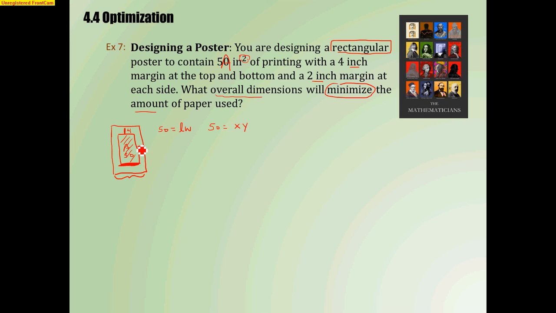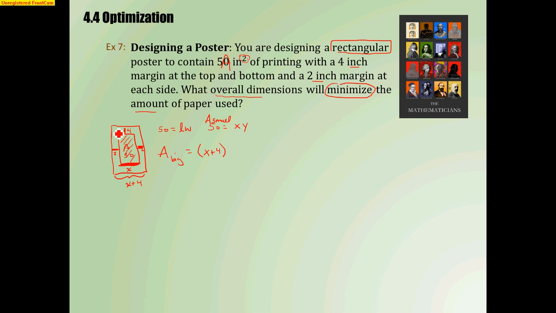Well, there's 2 inches there, but doesn't that also mean that there's 2 inches there? So if this distance is x, isn't this distance x plus 2 plus 2, which is x plus 4? The area of the big rectangle isn't x for that side, it's x plus 4.